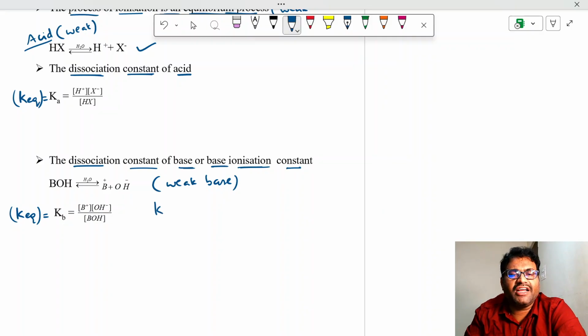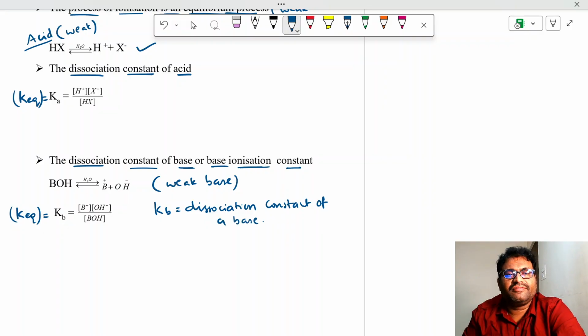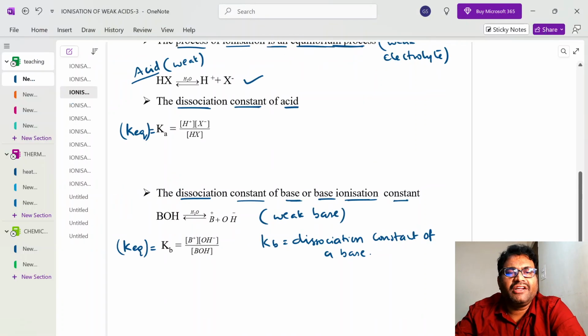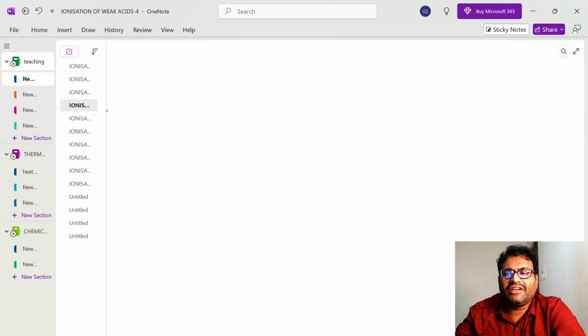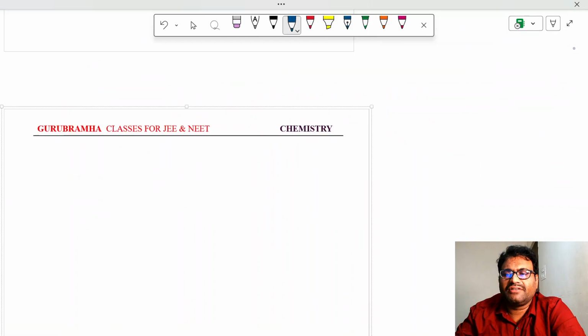Kb is called the dissociation constant of a base. Understood? So this is applicable only for weak electrolytes. It is not applicable for strong electrolytes, because strong electrolytes completely dissociate, completely ionize.